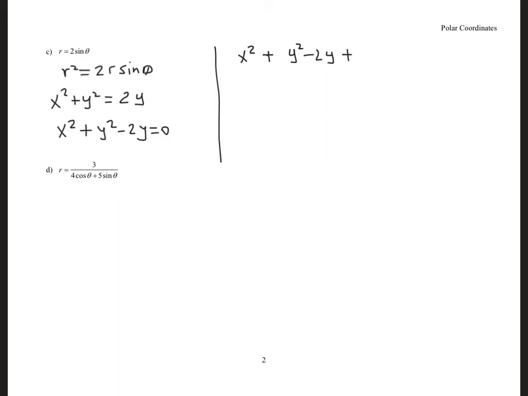So plus 1 is equal to, whatever you do on this side, you do on the other side. So then I have x squared plus (y minus 1) squared is equal to 1. And that is after factoring this equation. So that's the answer.